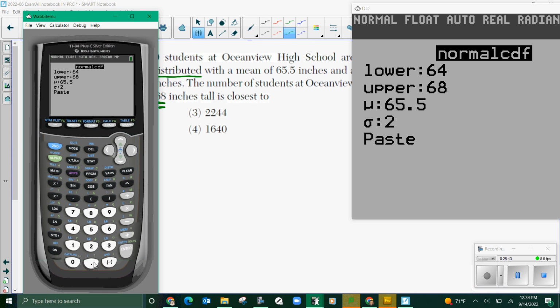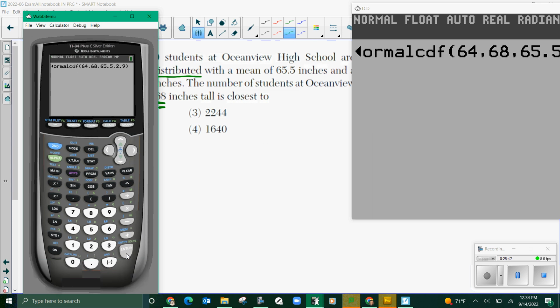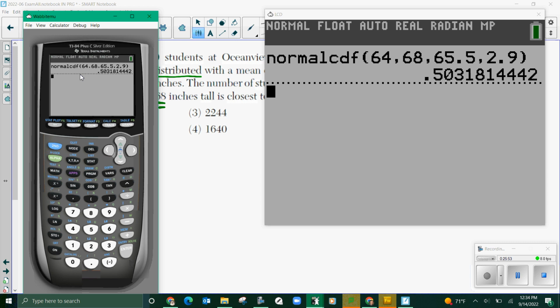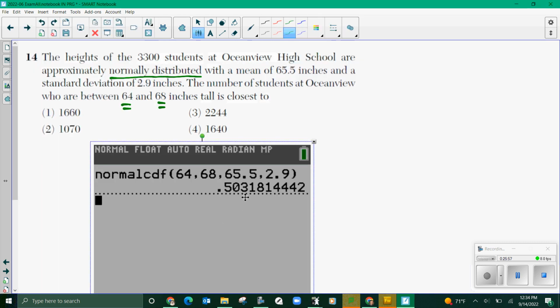2.9. I'm going to paste this into this little normal CDF command and hit enter. I don't see 50 or 0.503181 as an answer, because that gave me a percentage of people.